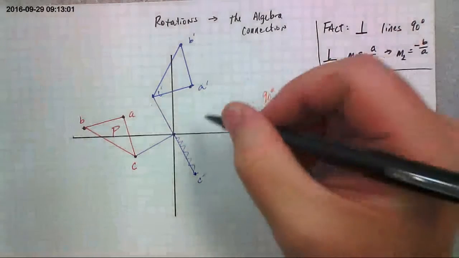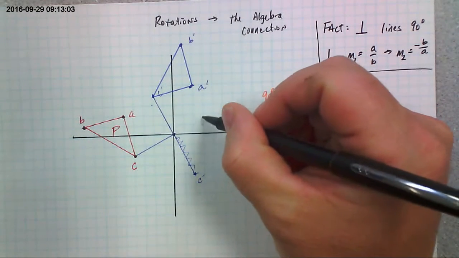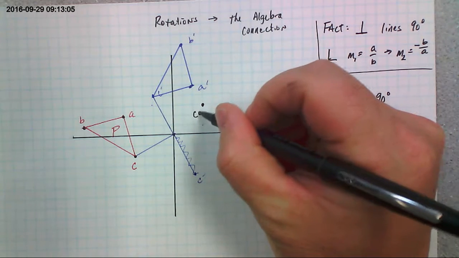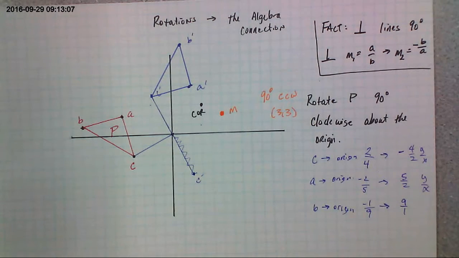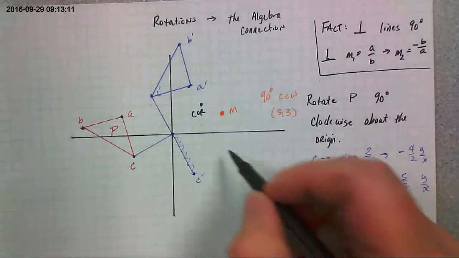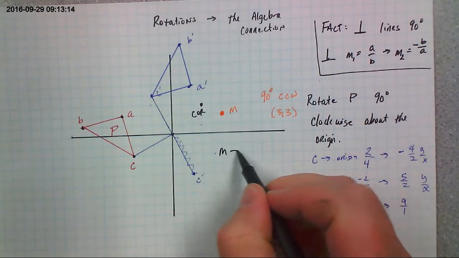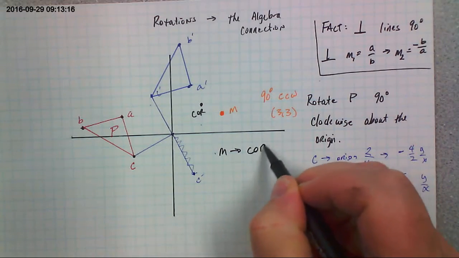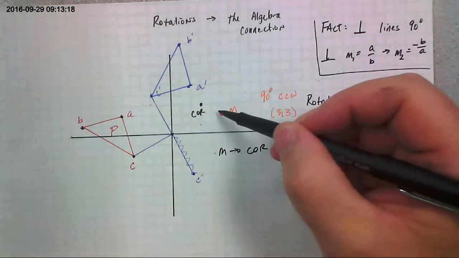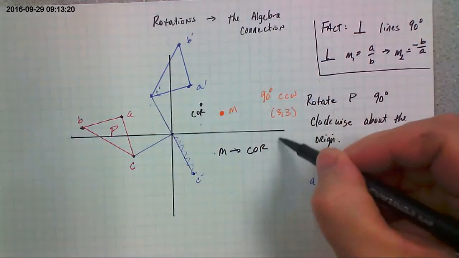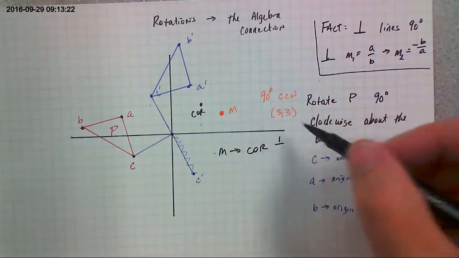So the first thing I'm going to do is find 3, 3. 1, 2, 3, 1, 2, 3. So this is my center of rotation right there. Right? That's what COR is short for. Okay. So from M to the center of rotation, the slope is going to be up 1 and left 2.